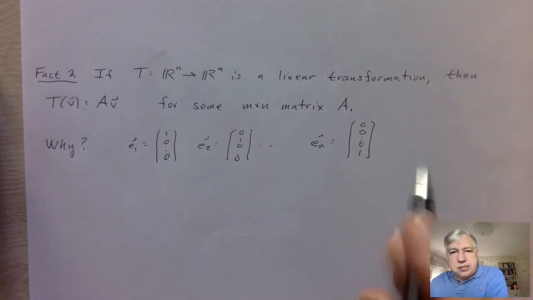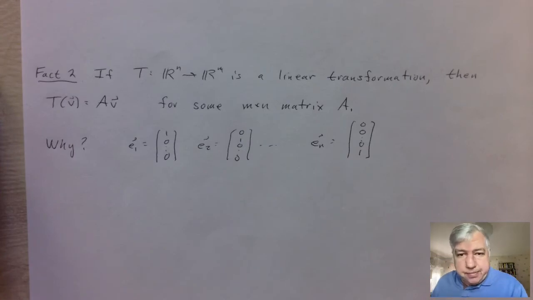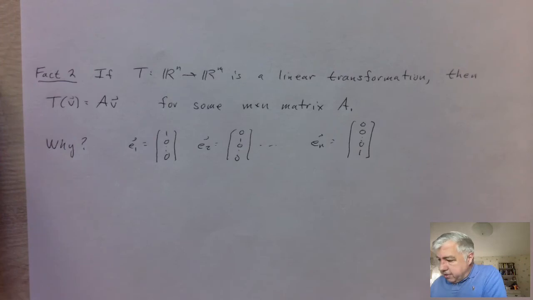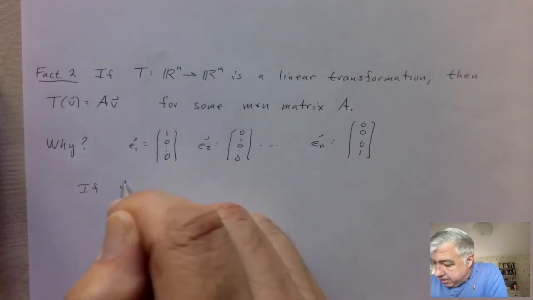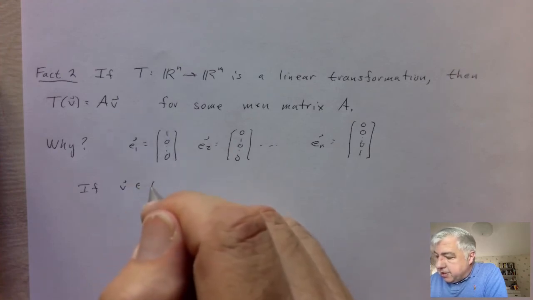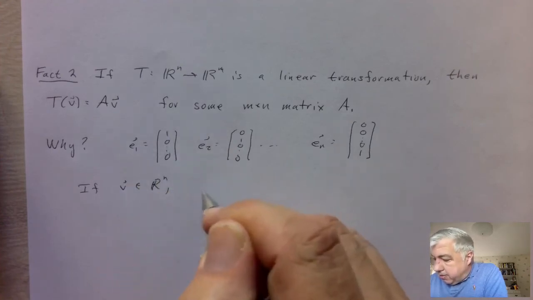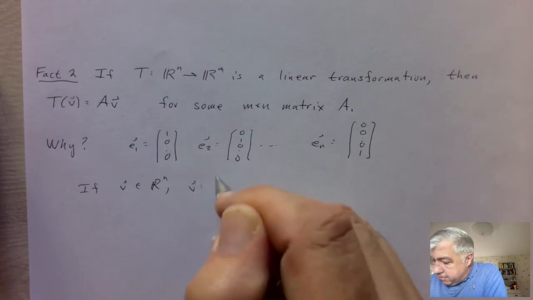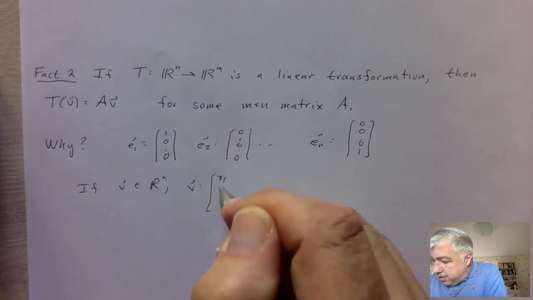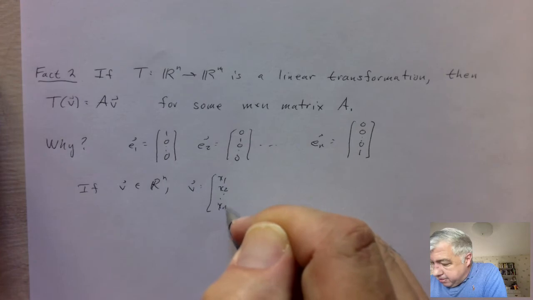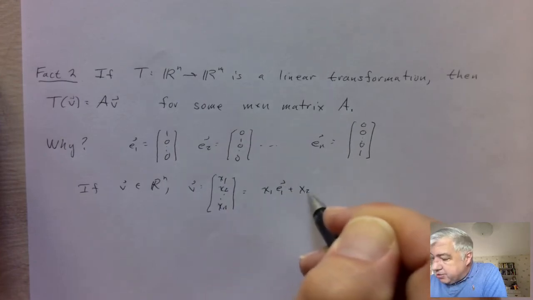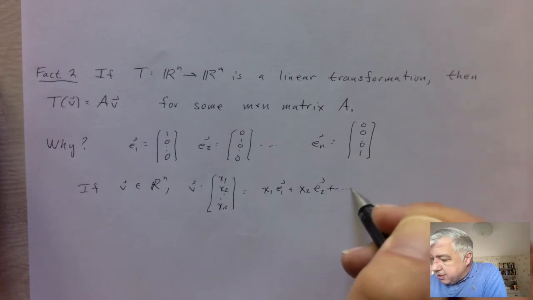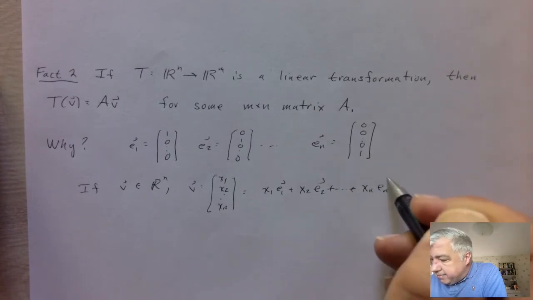Again, this is the standard basis for Rn. So if V is in Rn, and let's say V is x1, x2, through xn, then this is the same thing as saying x1 E1 plus x2 E2 plus dot dot dot plus xn En.